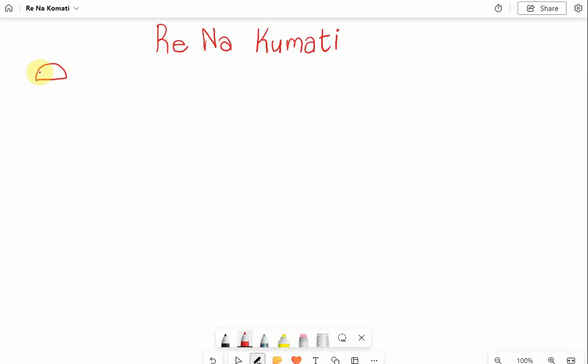The first glyph is T, or ta, right? And the second glyph is N, as in none, or as in na, right?